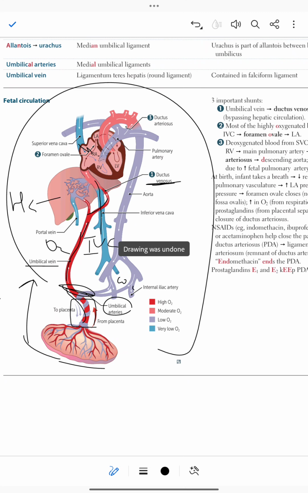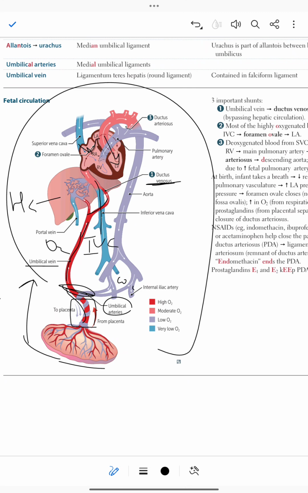Blood from inferior vena cava released to right atrium, then through the foramen ovale goes to the left atrium. Blood from left atrium then continues to left ventricle through the mitral valve. Between the left atrium and left ventricle located mitral valve.